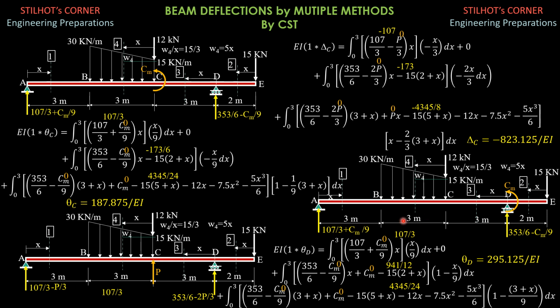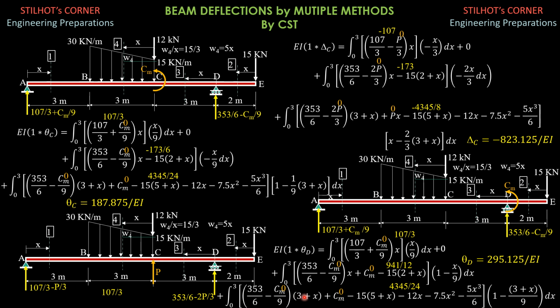Then at section 4, we have integral 0 to 3 of quantity 353 over 6 minus C sub m over 9 times 3 plus x, then plus C sub n minus 15 times 5 plus x minus 12x minus 7.5x squared minus 5 over 6 x cubed.